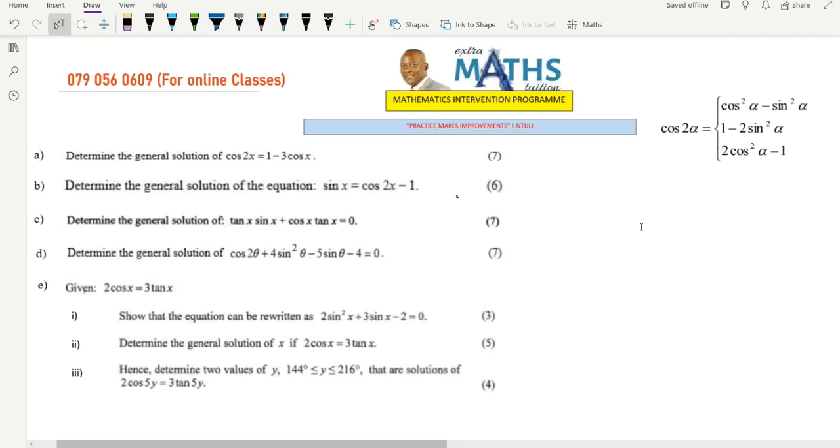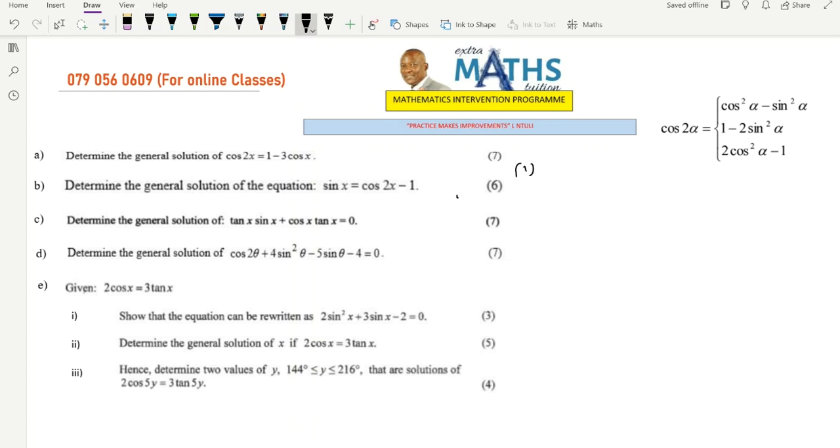Right. Now for part E, the final question. What is part E asking us about? Given 2 cos x equals 3 tan x, show that the equation can be rewritten as this.